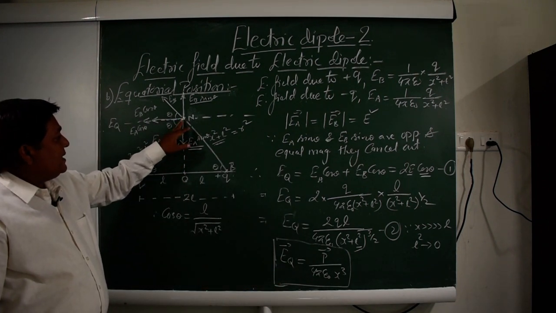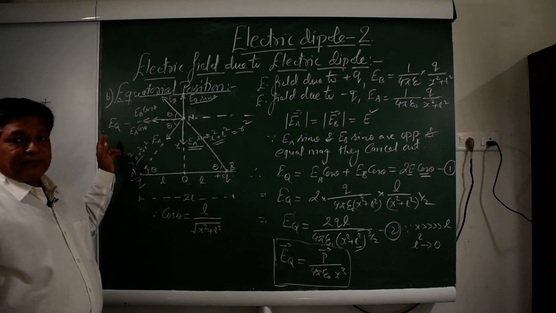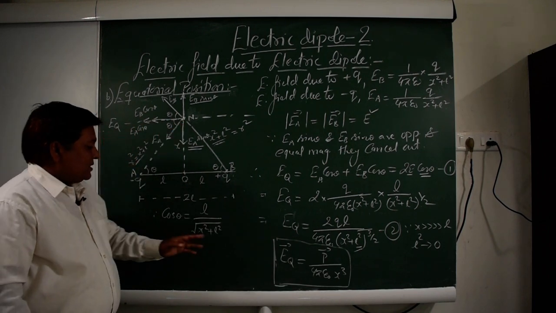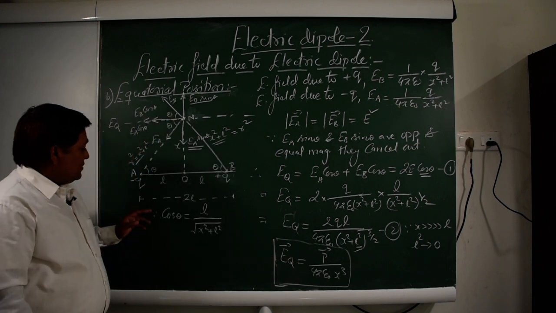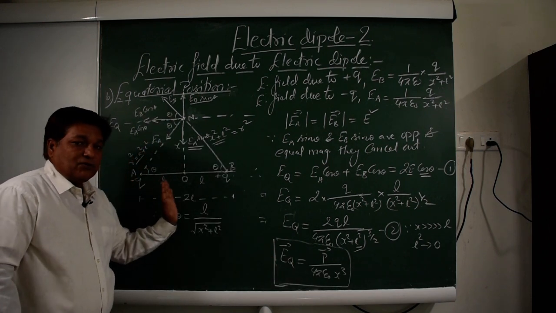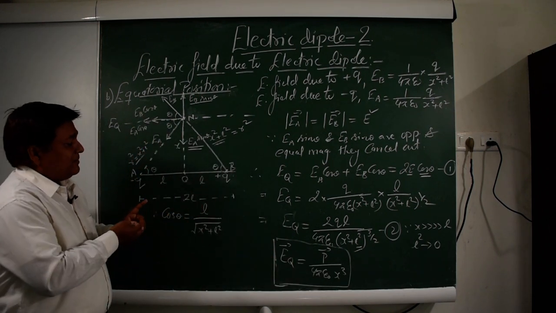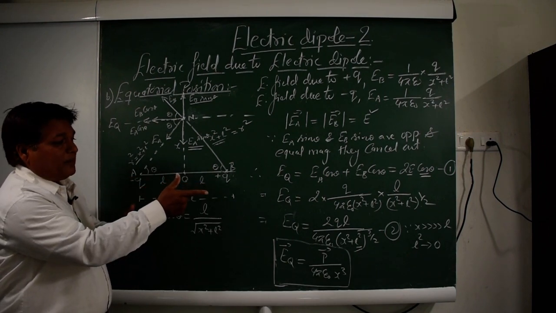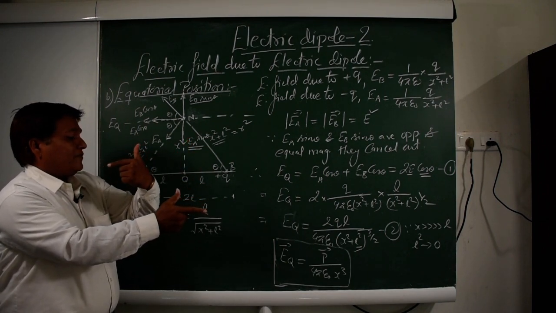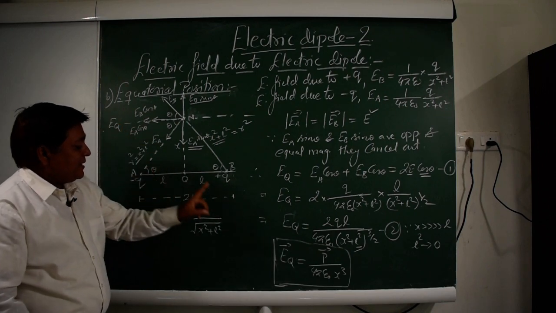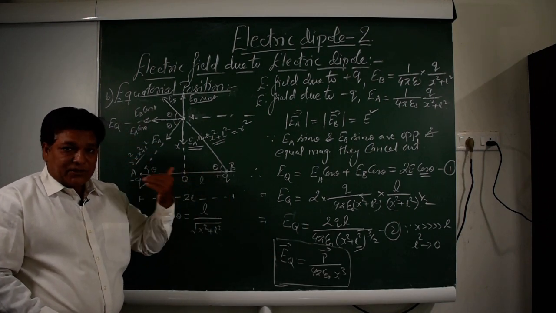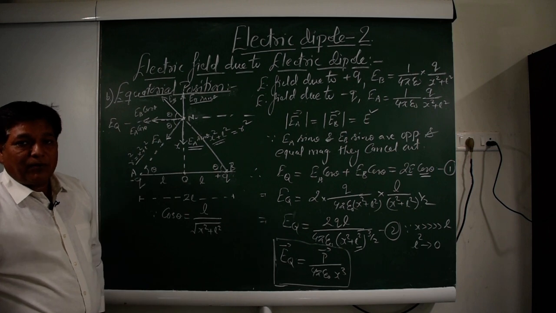See that the direction of EQ is this. What is the direction of dipole moment? The direction of dipole moment is from minus q charge to plus q charge. So this is the direction of dipole moment, and this is the direction of electric field. The direction of the net electric field is just opposite to the direction of dipole moment.